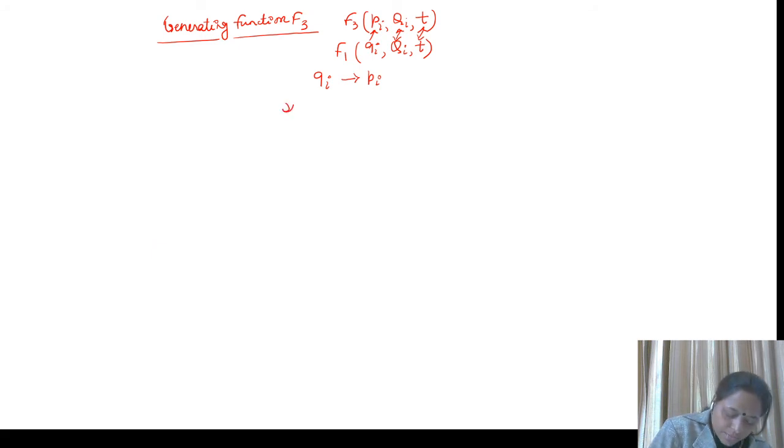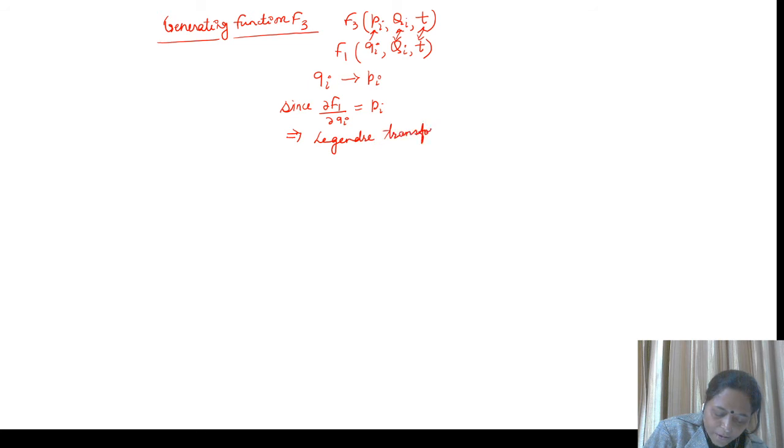Since delta f1 delta qi is equal to pi, you know that this relation exists. So since this is true, again you can define the Legendre transformation; Legendre transformation is applicable.